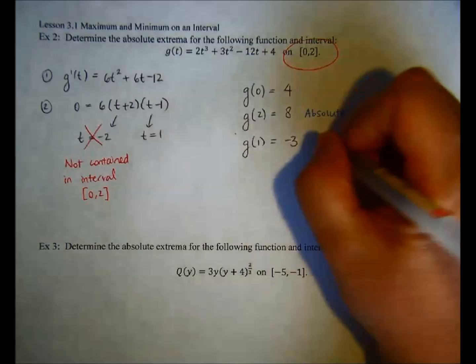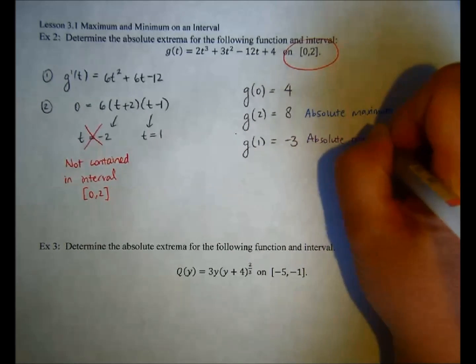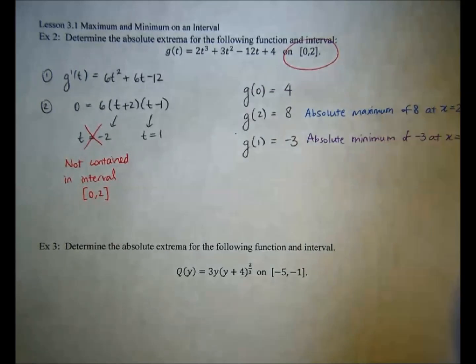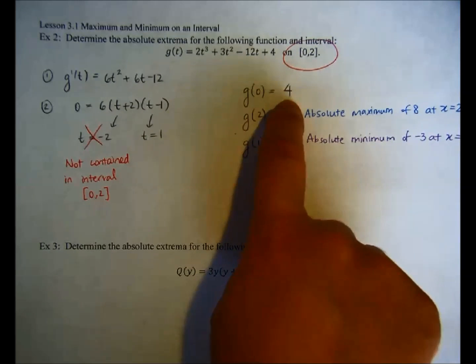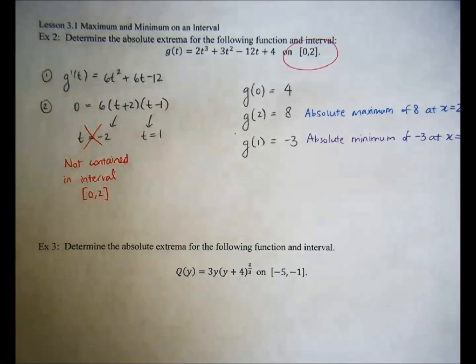We will have an absolute minimum of -3 at x equals 1. And when we consider this point, we know automatically that it can't be a relative extrema because it's an endpoint.